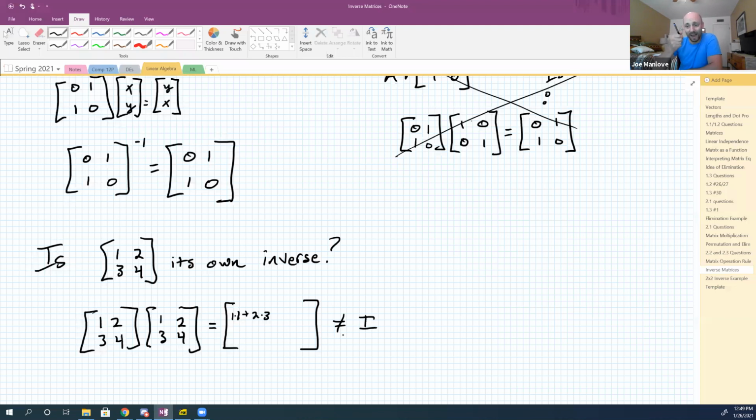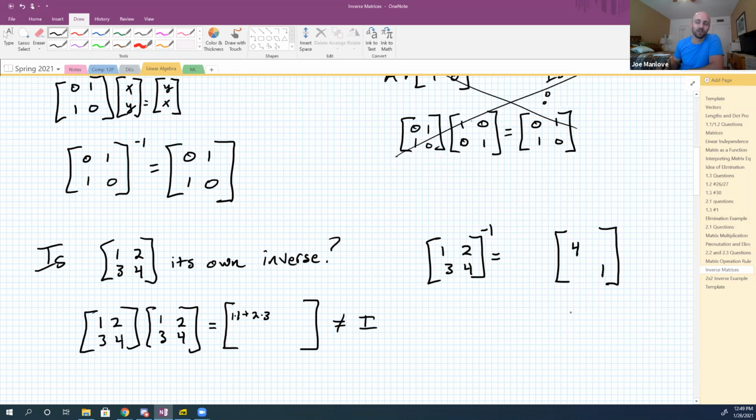Now, wild fact, with 1 minute remaining, the inverse of the matrix 1, 2, 3, 4 is: you need to switch two things. So the two things are the diagonal. So you switch those positions.